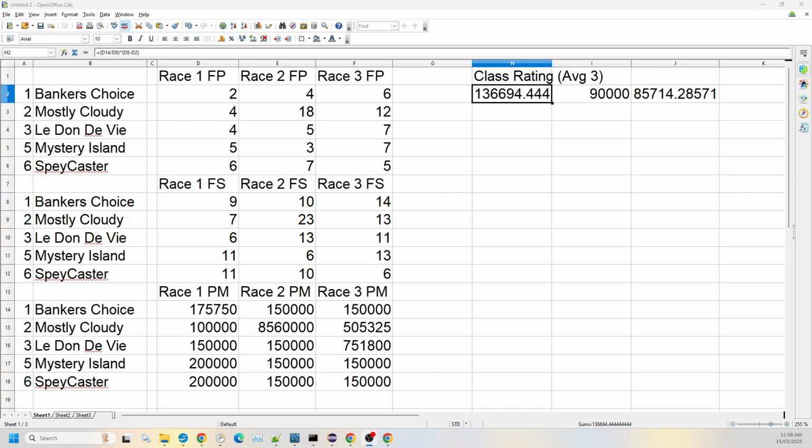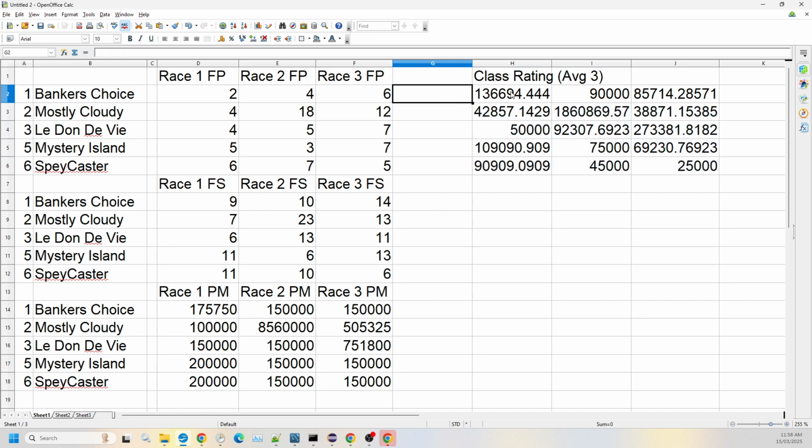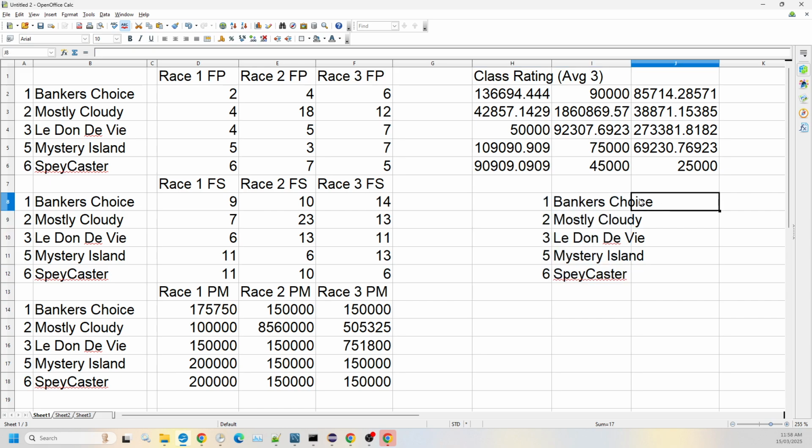So this will give us 3 different class ratings because we've got 3 races. Now you can do 5 races, you can do 10 races, you can do whatever number you want to put in there. Now to calculate this for all of these in this spreadsheet, obviously fairly simple. So now we have a class rating for every single horse. Now to make this nice and easy to read, I'm just going to put these over here and move this over a little bit.